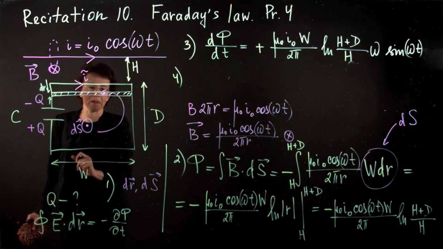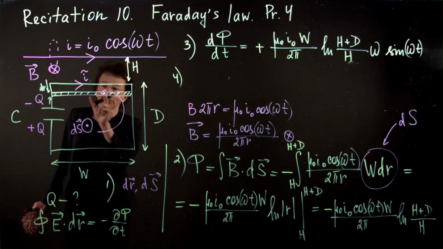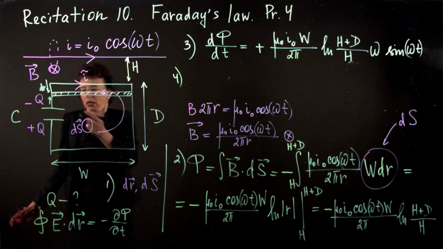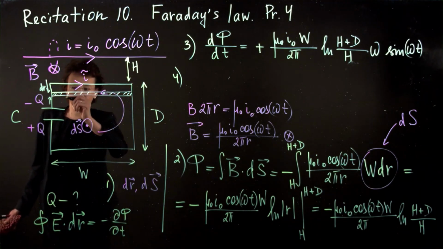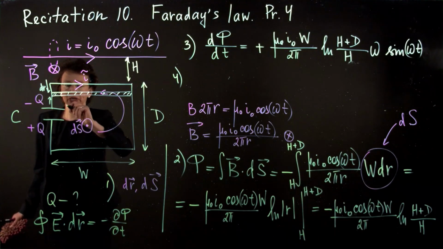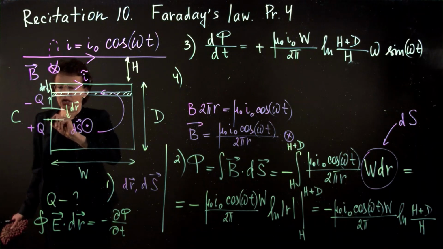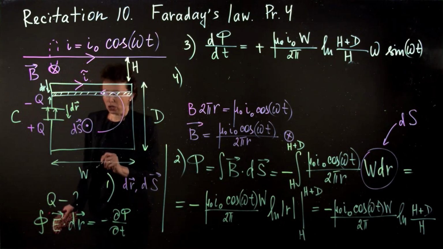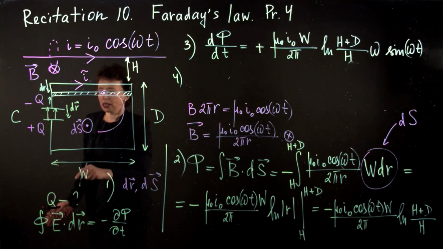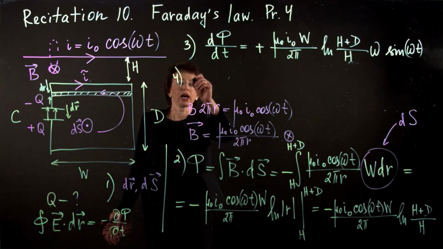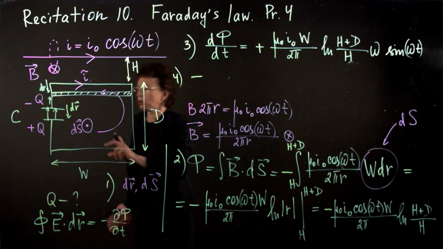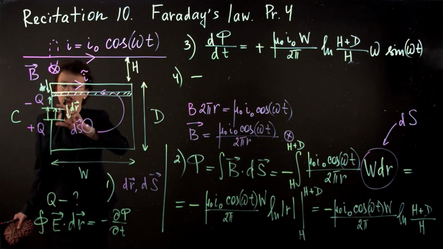All we have is capacitance. We go around the loop, we come here, and we go in the counterclockwise direction. We go down, dr is down. Electric field from plus to minus is up. So E dot dr is negative. I put minus.